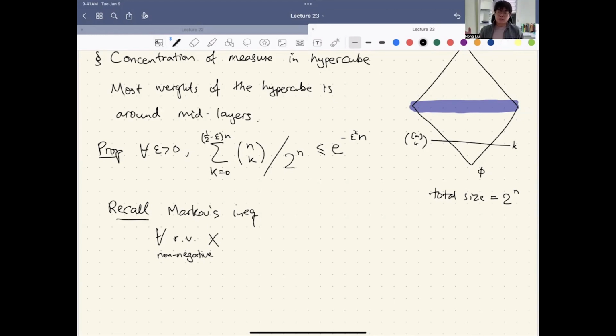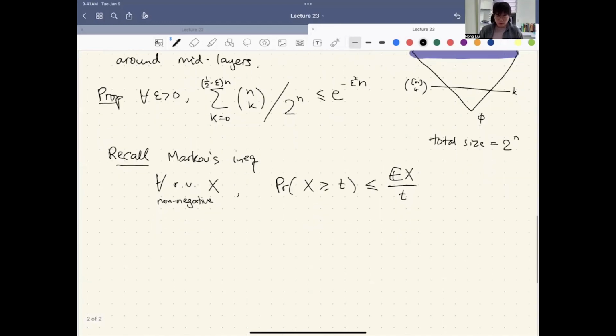I'll leave it as an exercise for you to prove for just real valued. So we have that the probability that x is bigger than some number t is at most the expectation of x divided by t. This is Markov inequality.